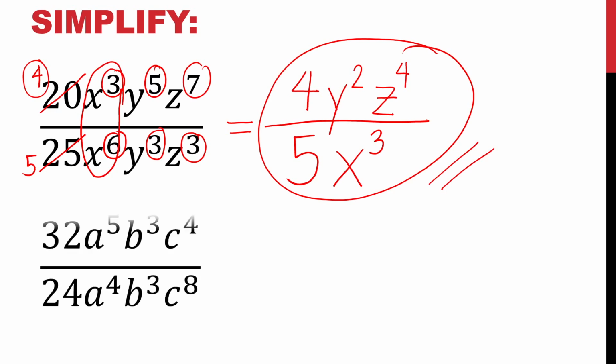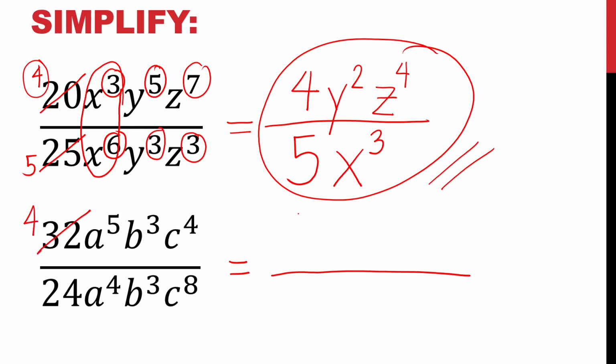Second example with variables. What is common between 32 and 24? GCF. 8, sir. Very good. What is 32 divided by 8? 4.